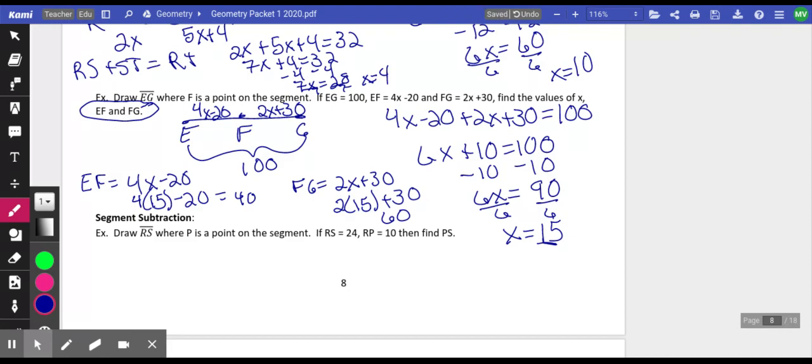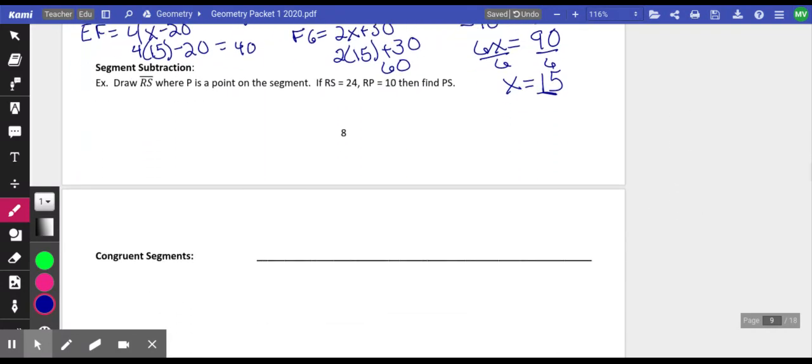All right, so now segment subtraction. Segment subtraction is very, very similar to segment addition, except instead of adding the 2 parts to get the whole, we're going to take the whole and subtract one of the parts to get the other part.